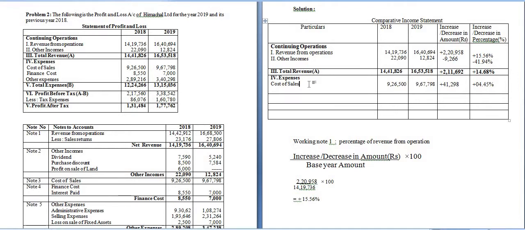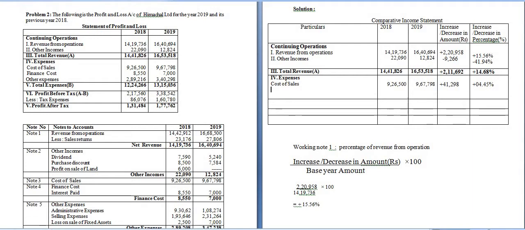After cost of sales, the next one is finance cost. Here you can check in the notes, where the details of all the amounts in the statement of profit and loss are given. Finance cost is in note number 4.